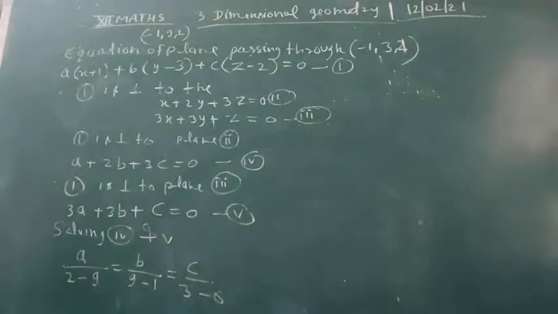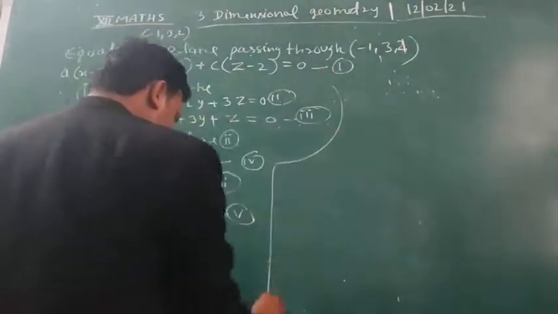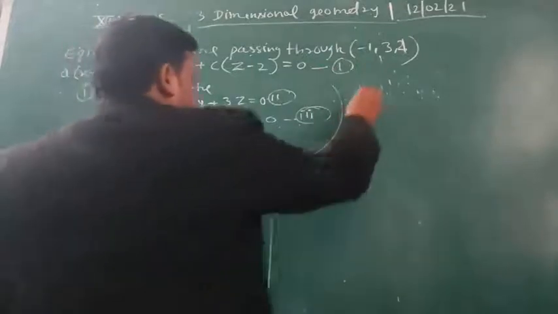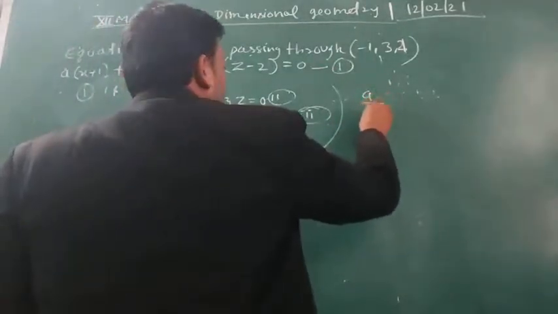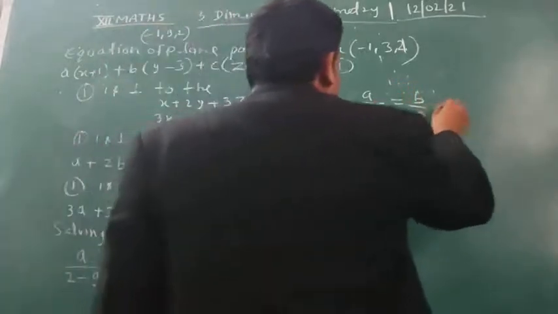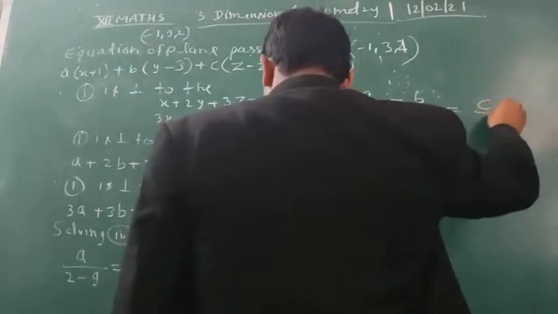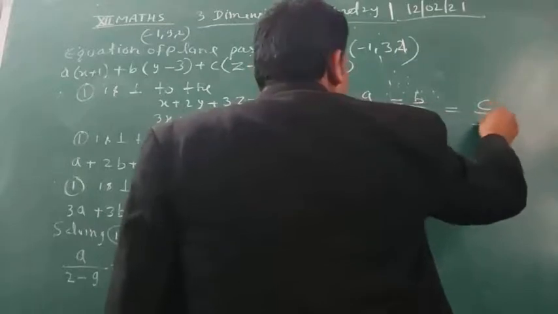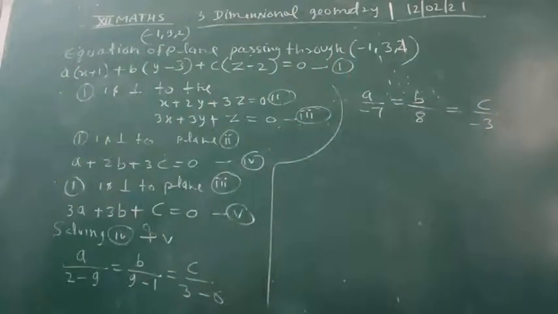Okay, students, so when we solve this, we get the values of a, b, c. We write a by minus 7 and b by 8 is equal to c by minus 3.